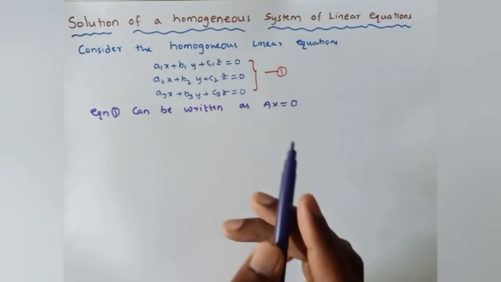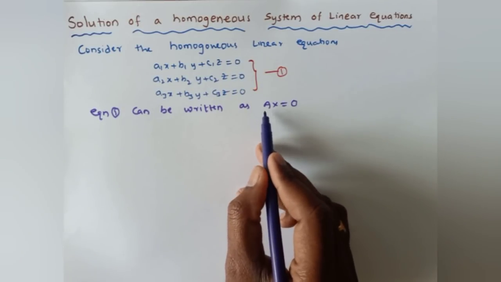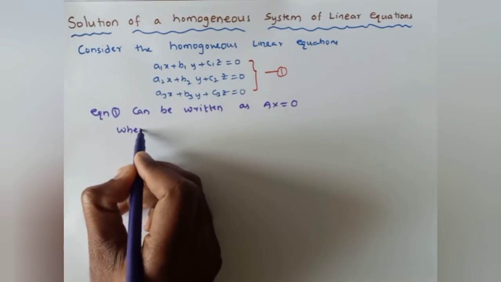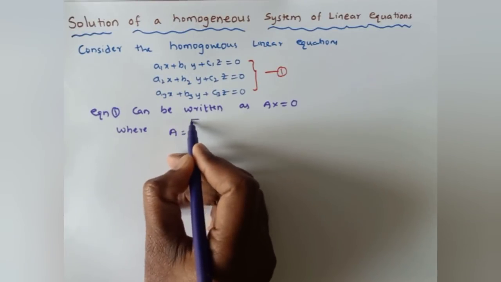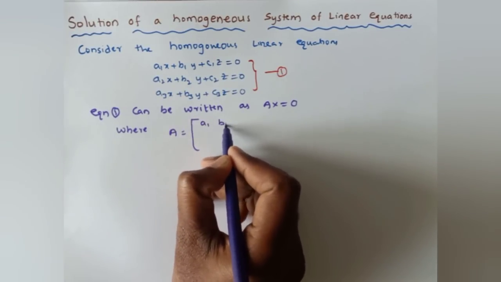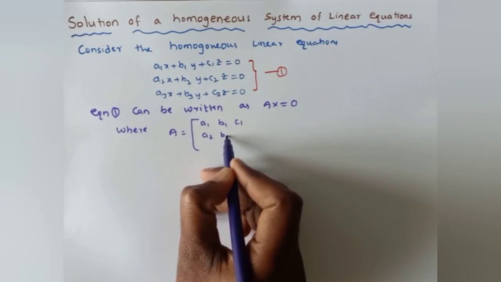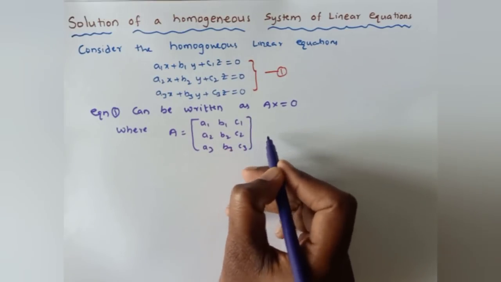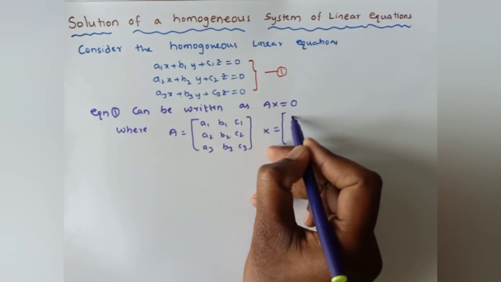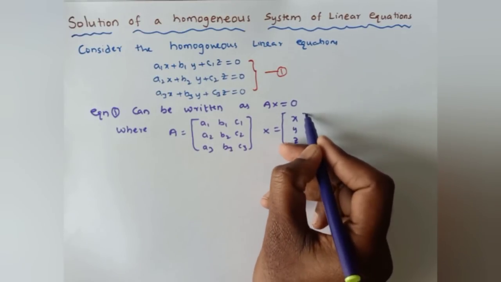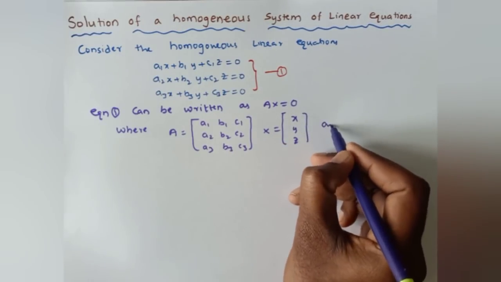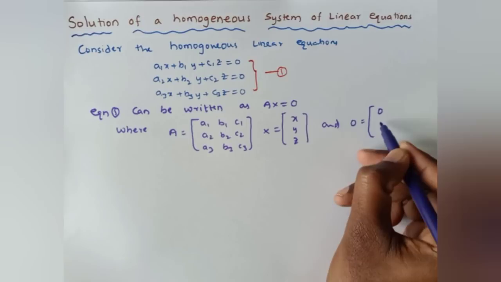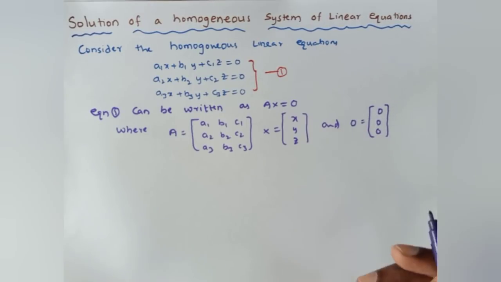So this constant matrix is 0 here, whereas in the non-homogeneous system it is Ax equals d form, where A is obviously the coefficient matrix, and x is the variable matrix. Here the variables present in the given system are x, y, z, and finally this O or 0 contains all zeros, 0, 0, 0.